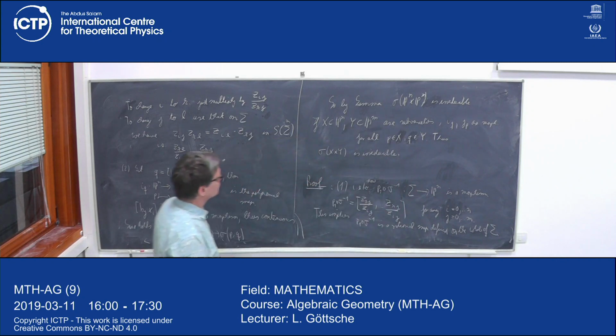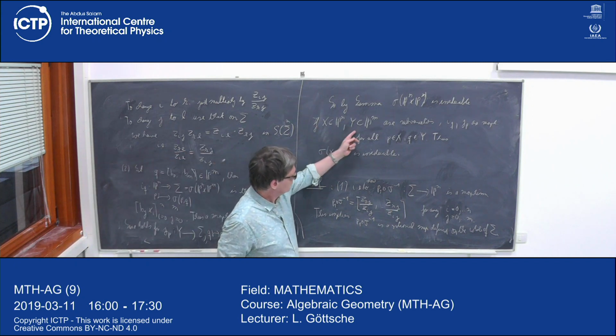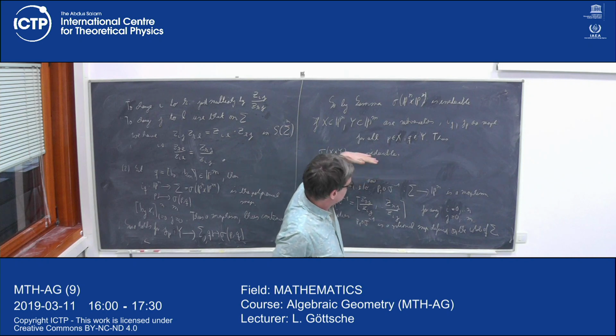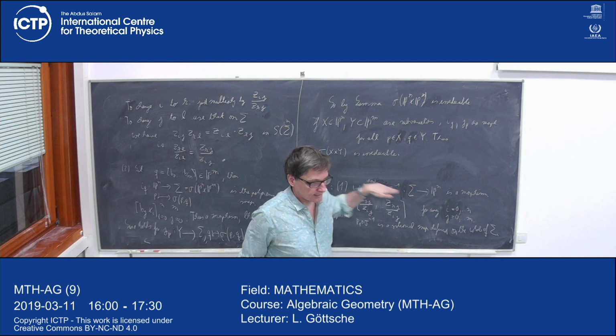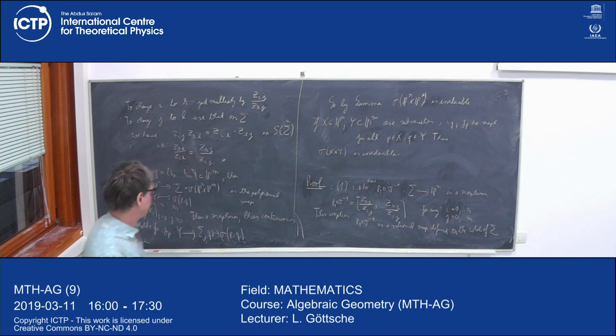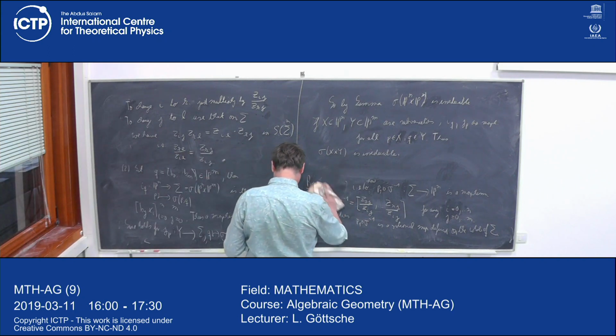Because the statement was that if I have two irreducible topological spaces such that the topology on the product has the property that these maps which embed one factor as a slice in the product are always continuous, then the product is irreducible. That we showed. Okay, so this was that.